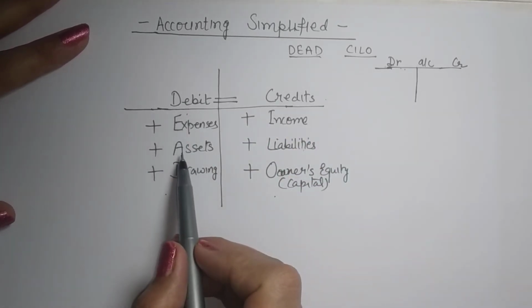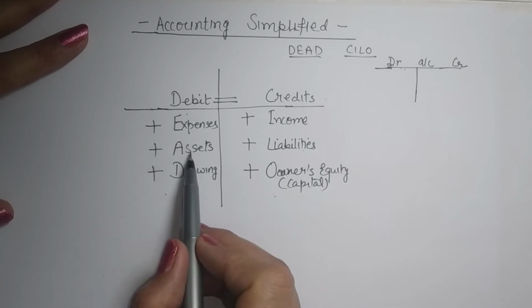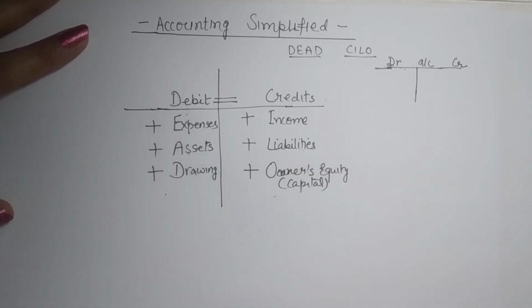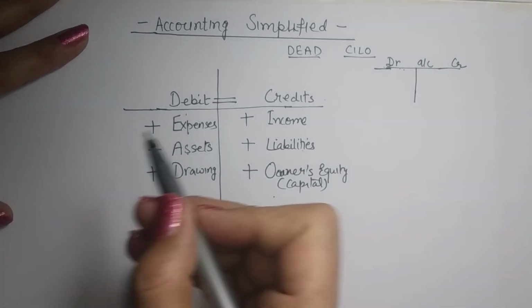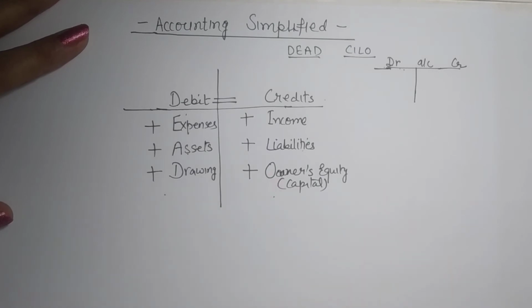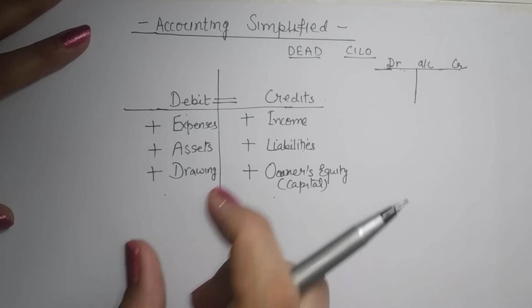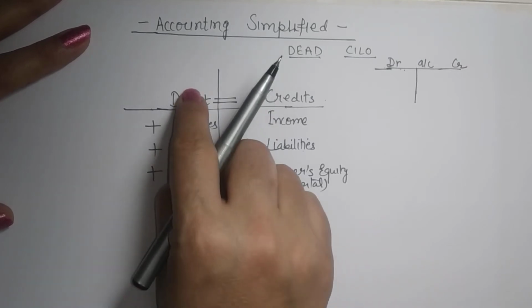Now asset: when you buy an asset, it is added. So this is an increase. Assets increase, plus, will be debited and decrease, minus, will be credited. In simple terms, say you buy furniture by paying cash. You have got furniture, you paid cash. Furniture being an asset, the increase is debited.